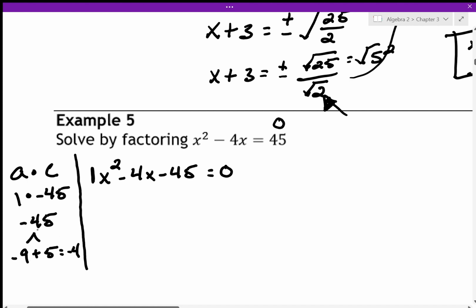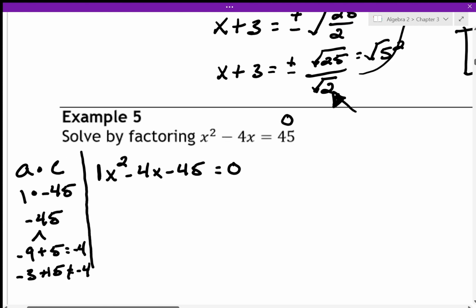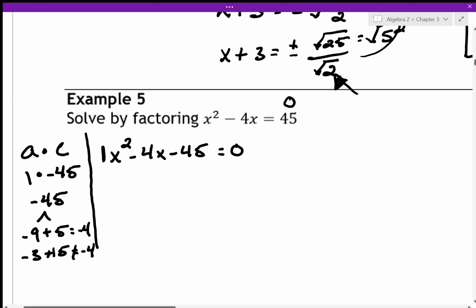You could write down 3 and 15, or how about negative 3 and positive 15? But that does not add up to be negative 4, so you would have to try another one. As you do problems more, you normally get quicker at guessing the two factors, but sometimes it just takes some time.